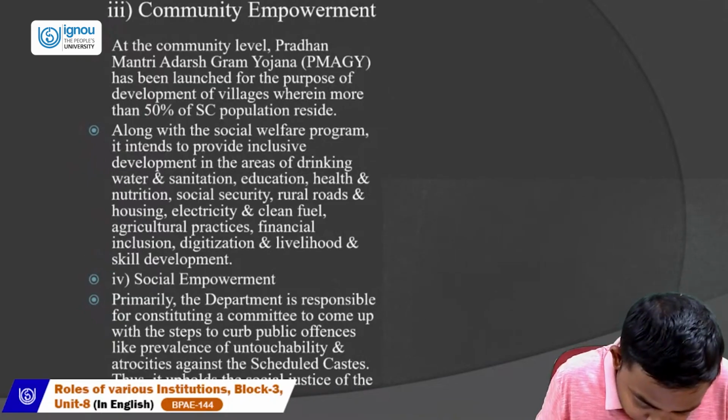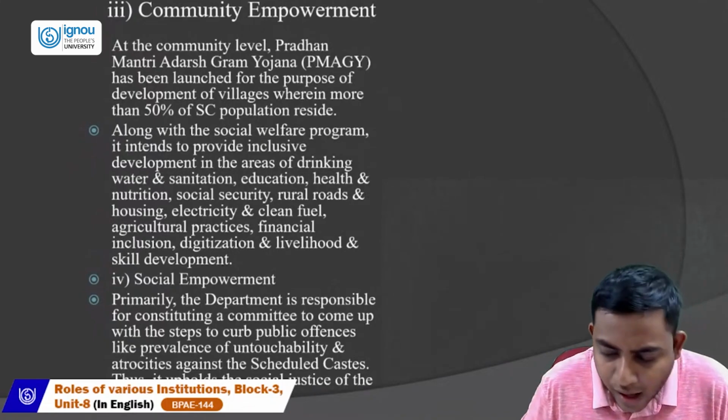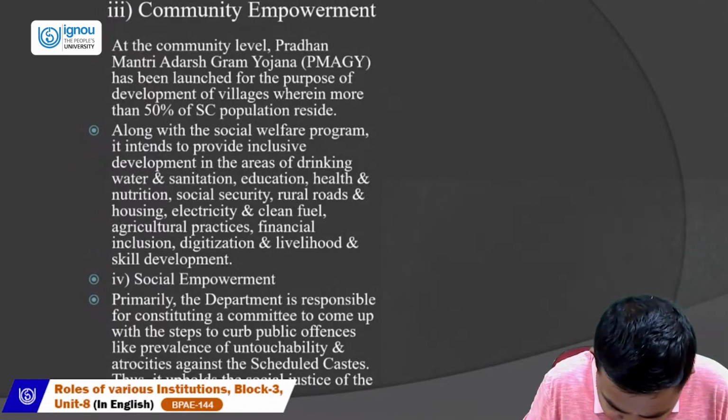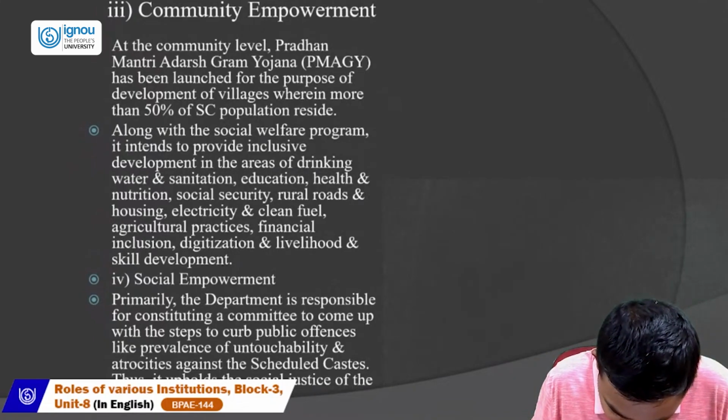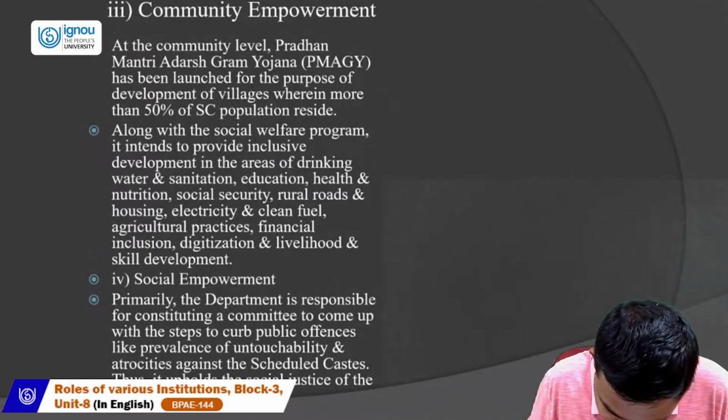So India is also fulfilling its sustainable development goals. Sustainable development goal 2, that is, end hunger, achieve food security and improve nutrition, and promote sustainable agriculture, is also being achieved through these schemes.